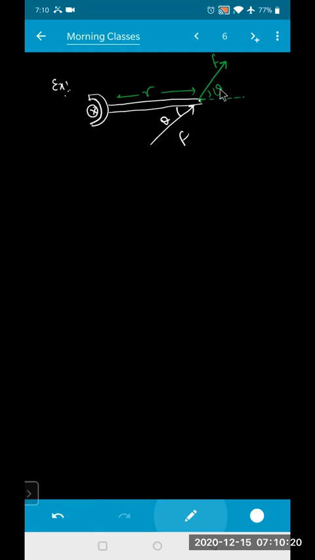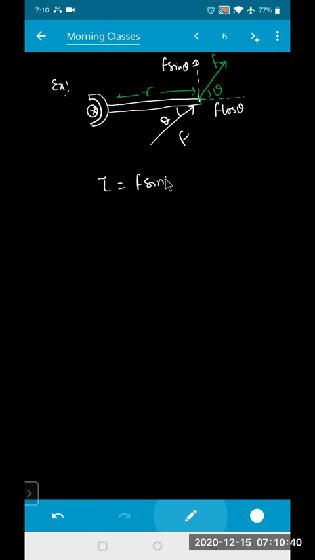If this is theta, this is also theta. You resolve this force into components: F cos theta and F sin theta. So how do you write the torque? Torque is equal to force into perpendicular distance from the axis of rotation.